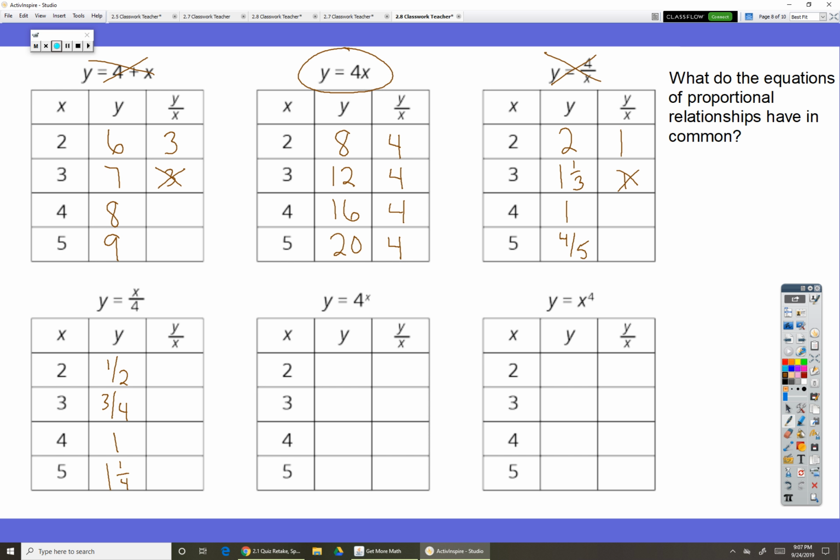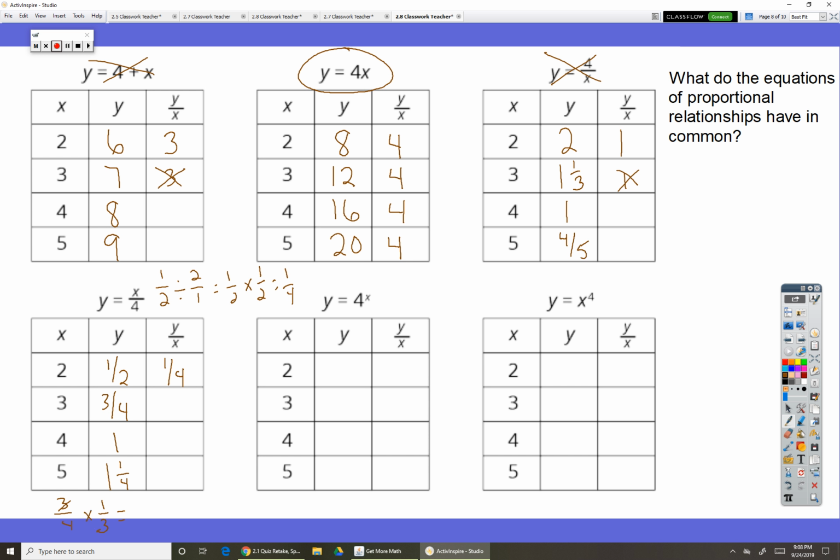Now let's see what we get if we do y divided by x. 1/2 divided by 2 is going to give us 1/4. You could put this in the calculator as 0.5 and divide it by 2, or you could think of 1/2 divided by 2 over 1. We would keep it, switch it, flip it, and 1/2 times 1/2 is 1/4. 3/4 divided by 3, if we keep it, switch it, flip it, that's like 3/4 times 1/3.